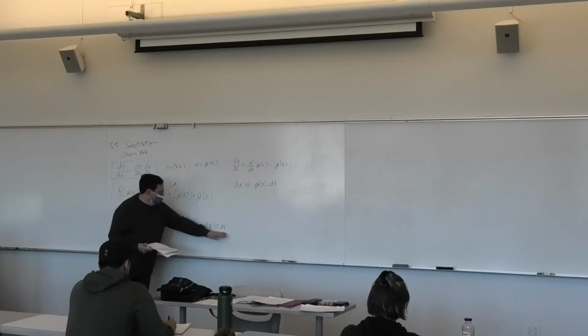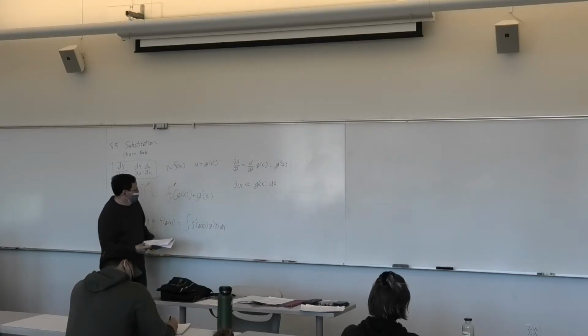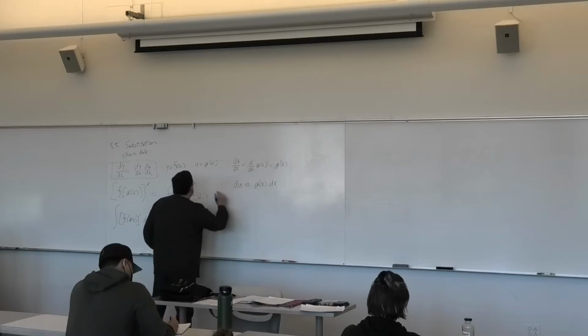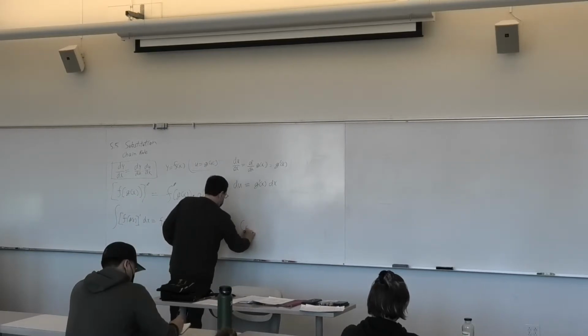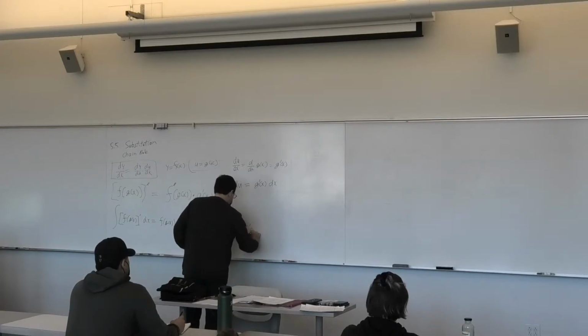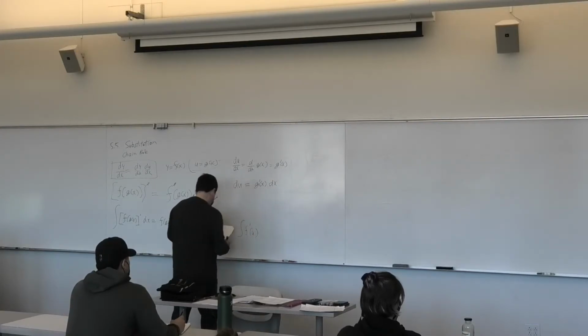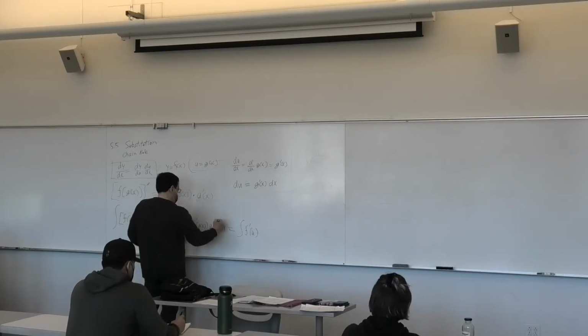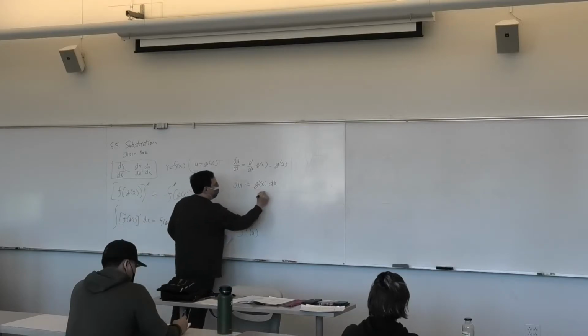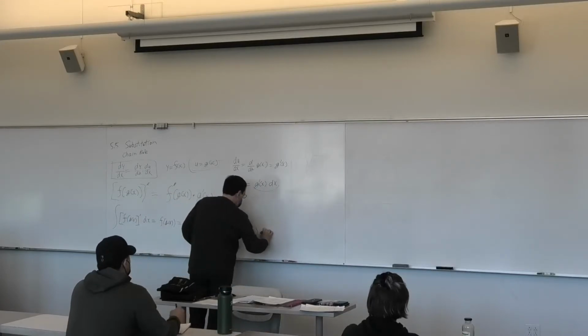Now we're going to do a substitution here. Since u is g of x, we're going to call this f prime of u. And since we have g prime of x dx here, we're going to call that du.